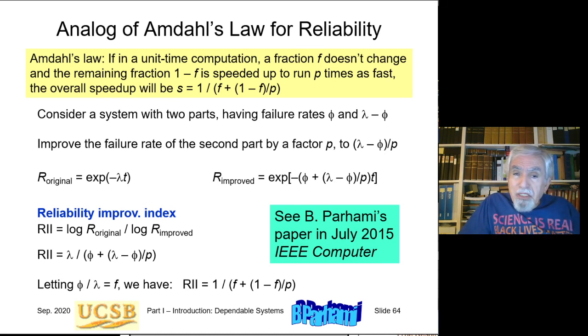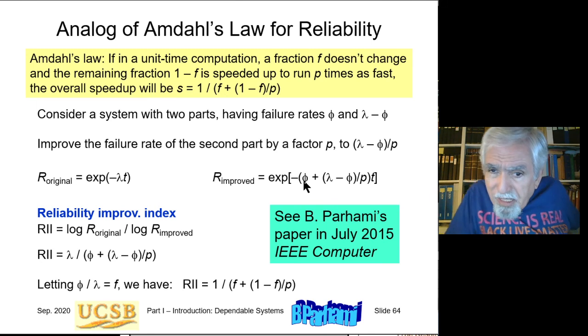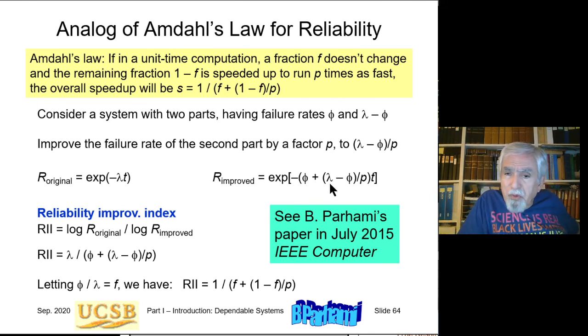So the same thing is true with reliability. If you have a system that has, let's say, 2 parts, one part has failure rate phi, and the other part has the remaining failure rate. So the overall failure rate is lambda. One part has failure rate phi, the other part has failure rate lambda minus phi.